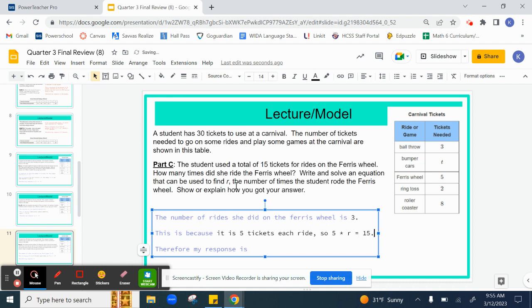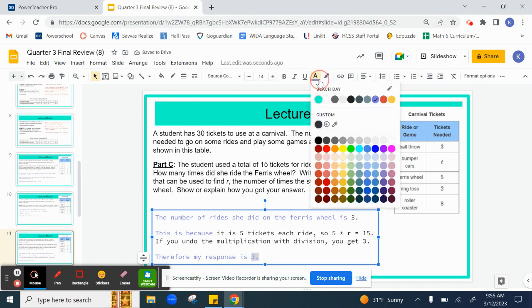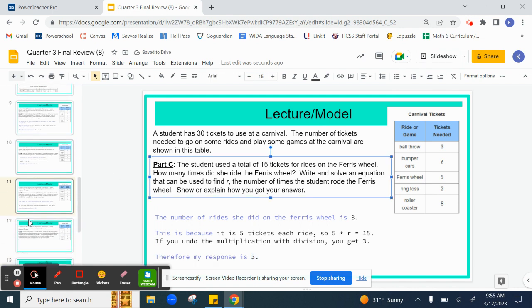Because again, it asks us to write an equation. If you undo the multiplication with division, you get 3. Therefore, my response is 3. All right, let's keep going.